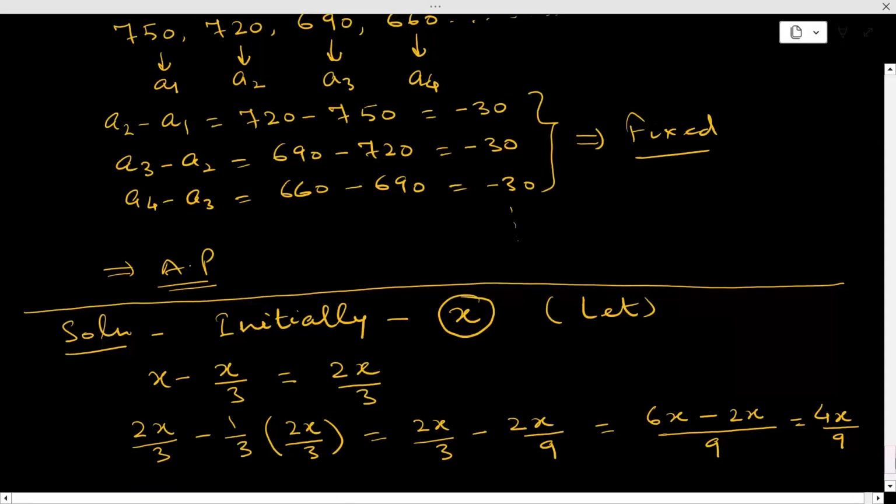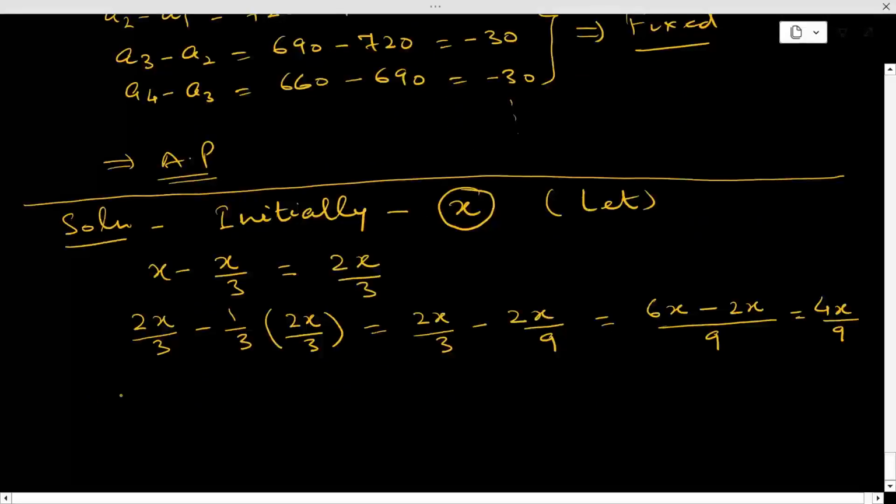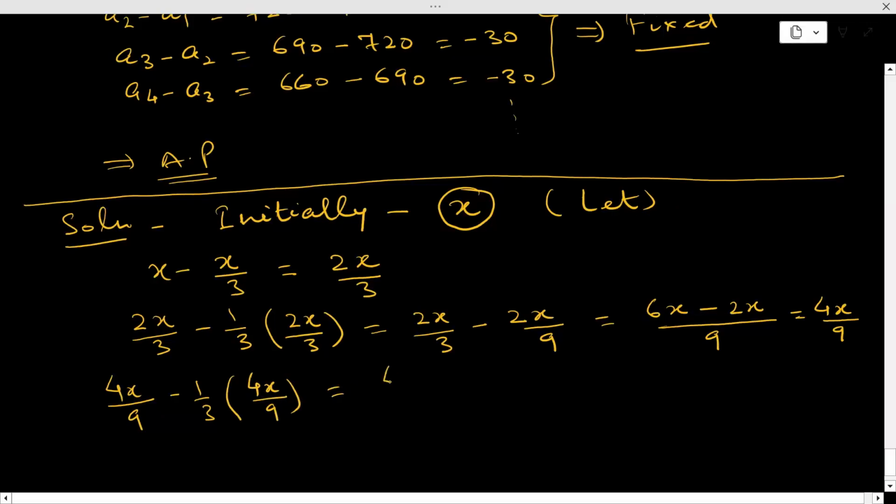Now let us have one more term. So now we are left with only 4X by 9 amount of air in the cylinder. Next, what is the role of the vacuum pump? It is removing 1/3 of the amount present in the cylinder. So the amount in the cylinder is 4X by 9, so this is 4X by 9 minus 4X by 27.